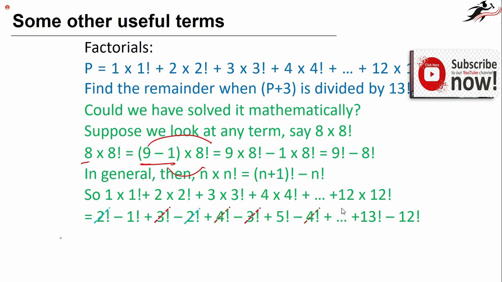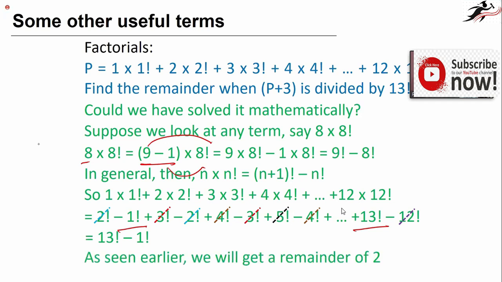Then there would be cancellations. So one term remaining over here is this, and one term remaining over here is this. So 13 factorial minus 1 factorial, that's the same thing now. Value of P is this, so P plus 3 would be 13 factorial plus 2, and as earlier, a remainder of 2. Okay?